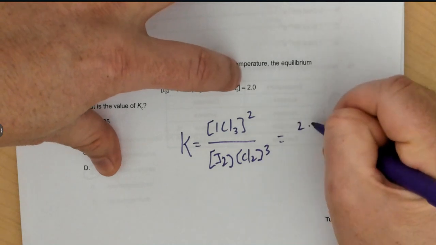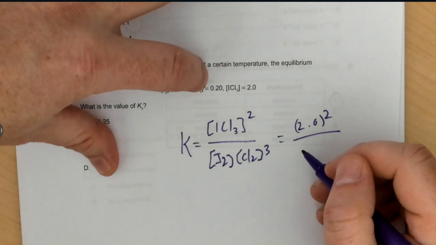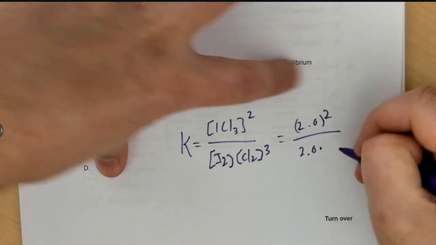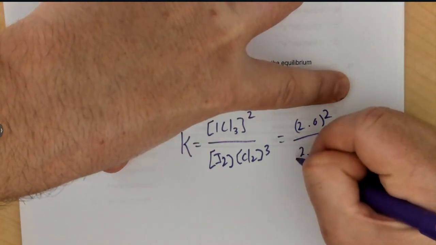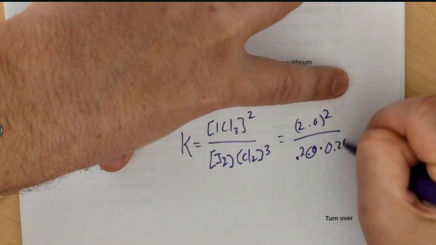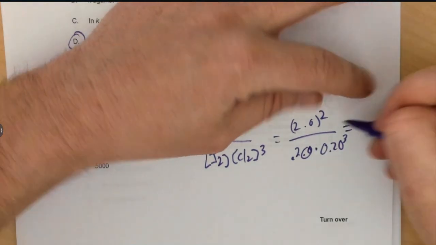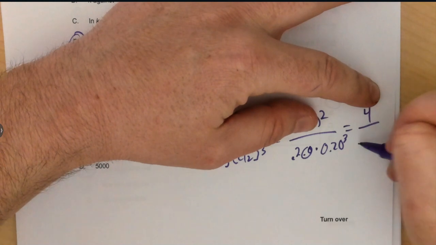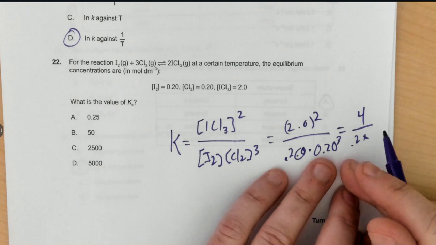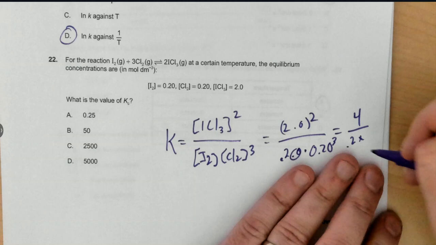So that would be 2.0 squared divided by 2.0 times, oh wait, 0.20, my bad, 0.20 times 0.20 cubed, so let's simplify everything. 2 squared is 4, 0.2 times 0.2 cubed. 0.2 times 2 would be 0.04, times 0.02 would be 0.004.